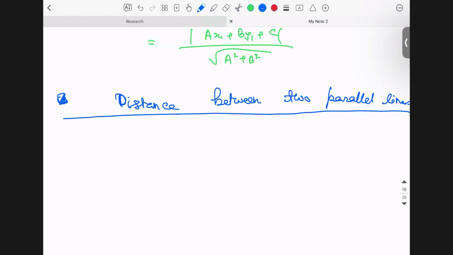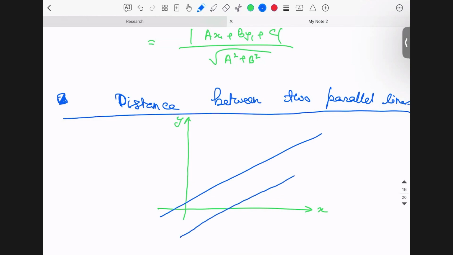So let's go to the concept behind it. Suppose this is our two axes, x-axis and y-axis. We have two parallel lines, suppose this one and this one.